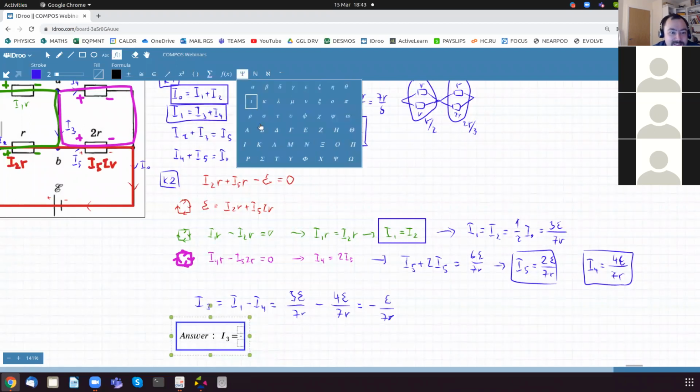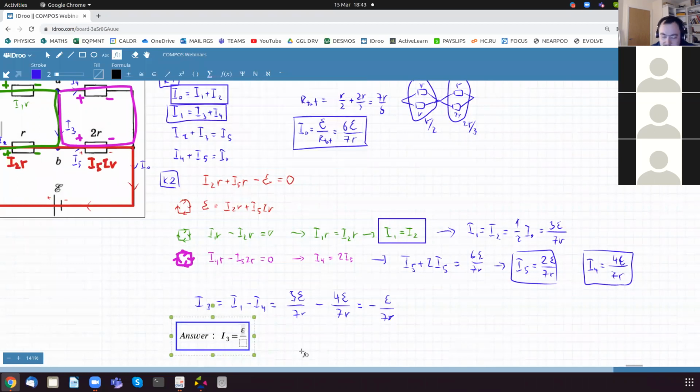Greek letters. Okay, epsilon divided by 7R from B to A. So that's the thing.